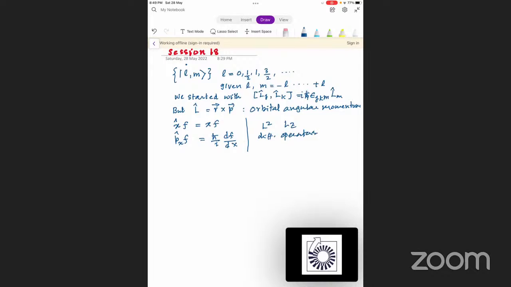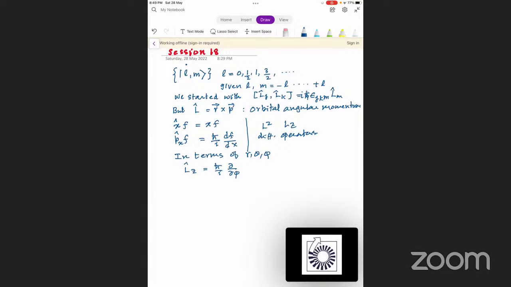In terms of spherical polar coordinates r, theta, phi, you could write this Lz as h bar by i into partial derivative with respect to phi.